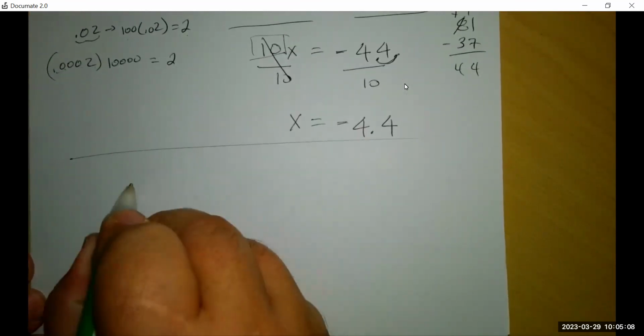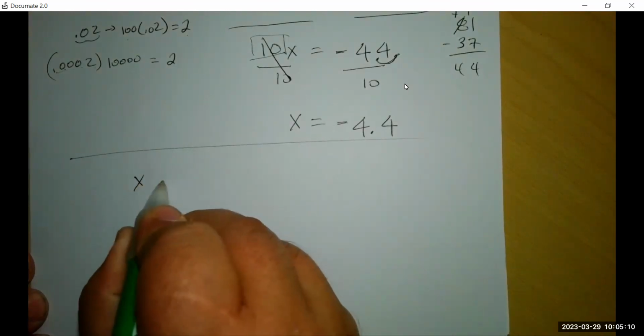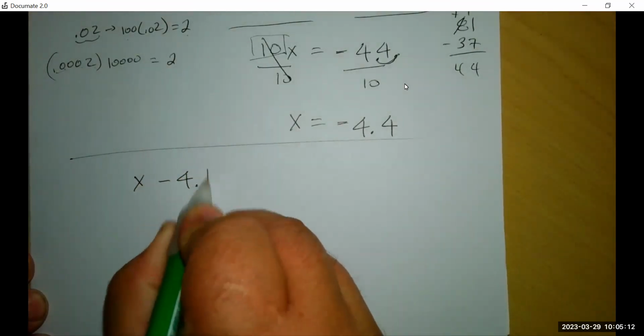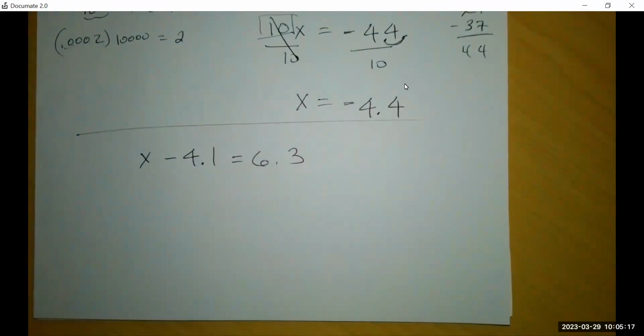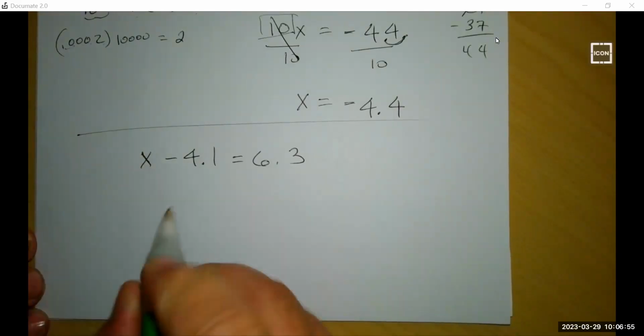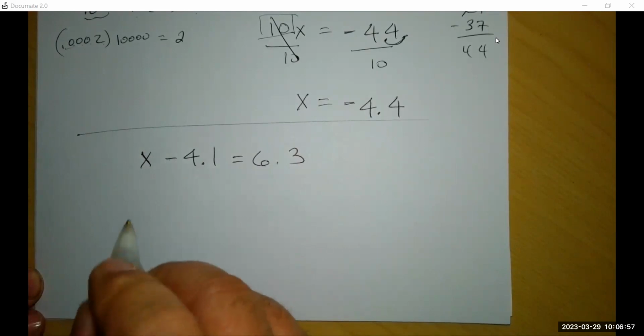Let's do another example. X minus 4.1 equals 6.3. Use either method you want to, you get the same answer. So to get x by itself, we have to get rid of the negative 4.1.